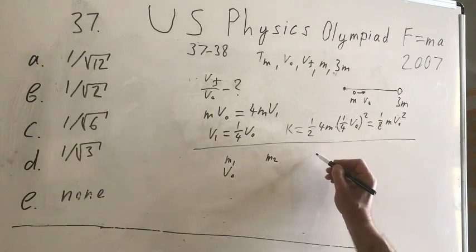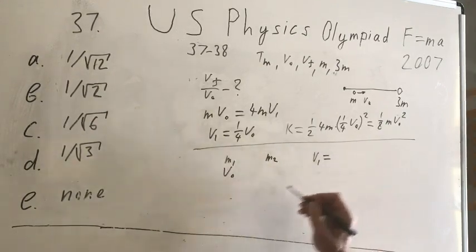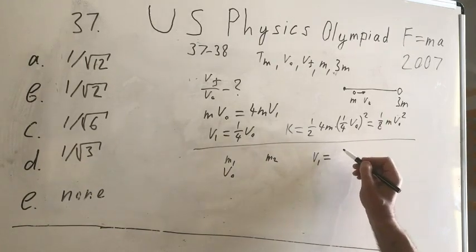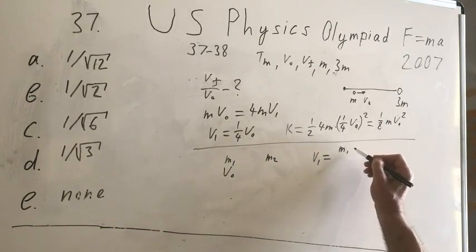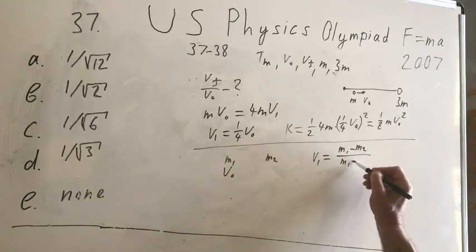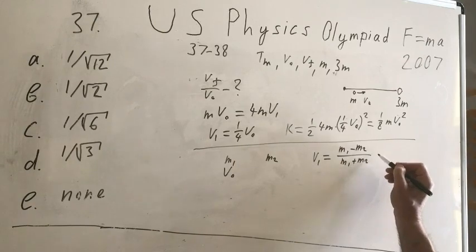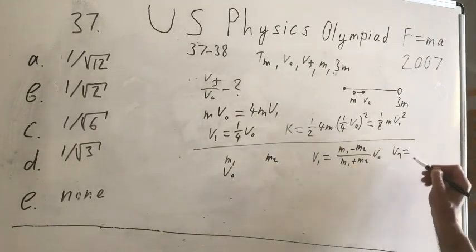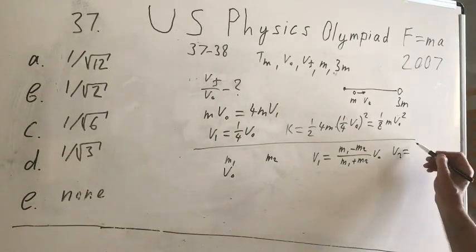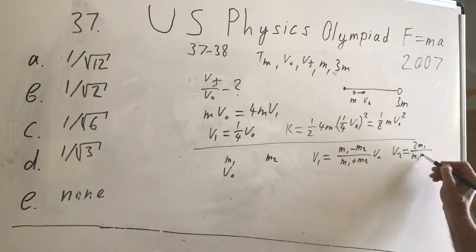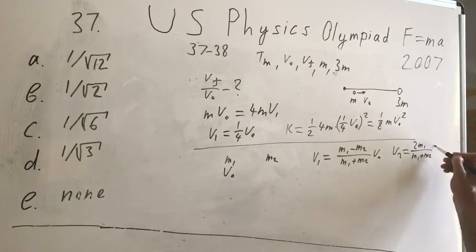This formula looks like this. V1 for the first mass is m1 minus m2 over m1 plus m2 v0, and v2, for the second mass, is equal to 2 m1 over m1 plus m2 v0.